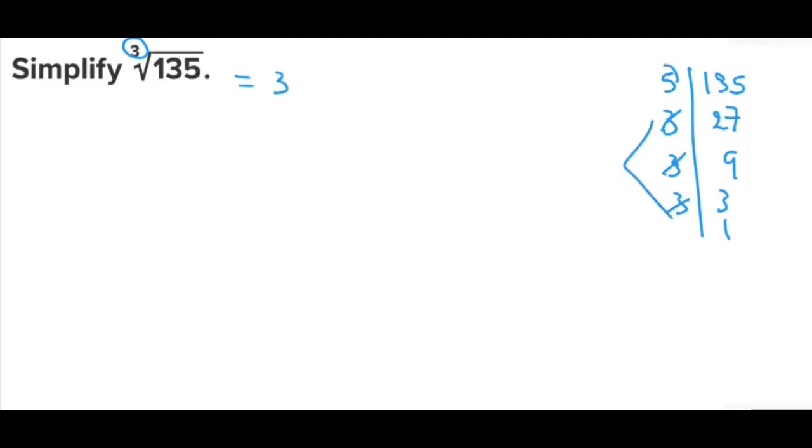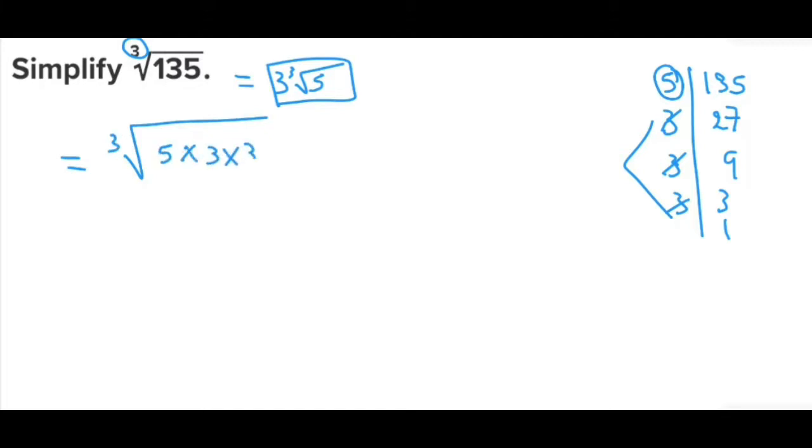And what remains inside the cubic root will be the cubic root of 5. So the answer will be 3 cubic root 5. If you want to explain this, we're going to explain it in detail here. So cubic root 135 is the cubic root of 5 times 3 times 3 times 3.